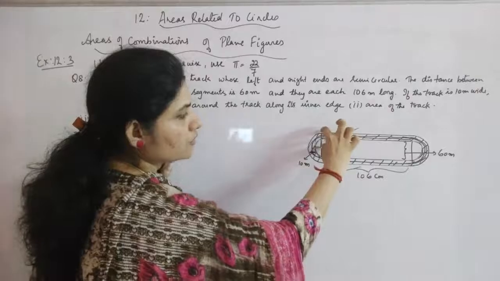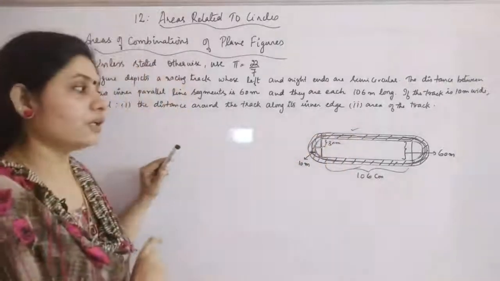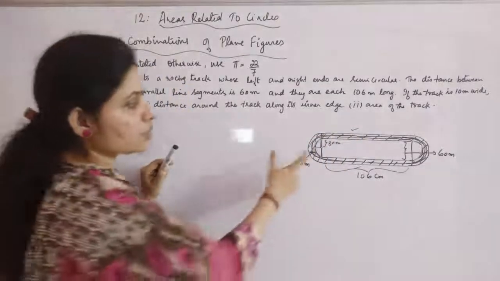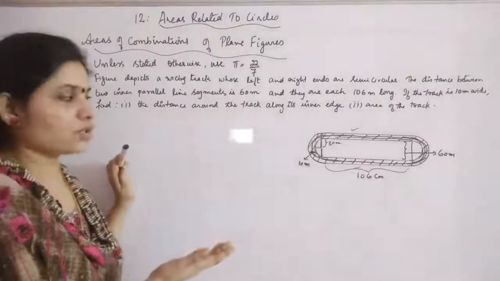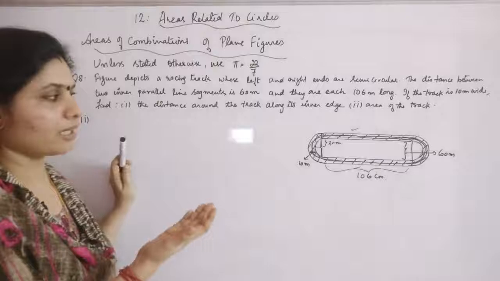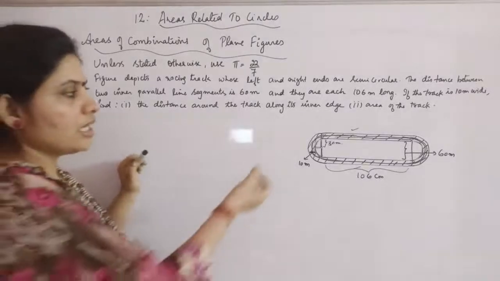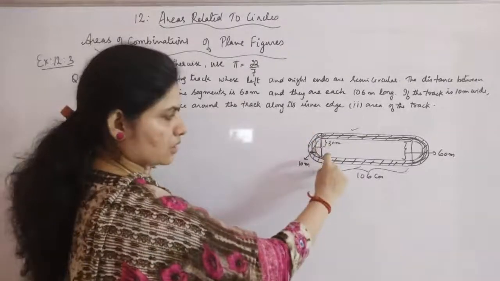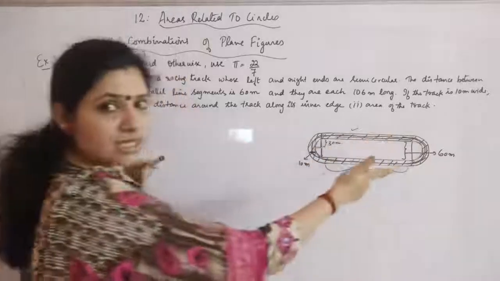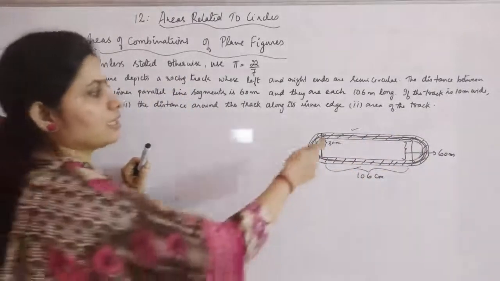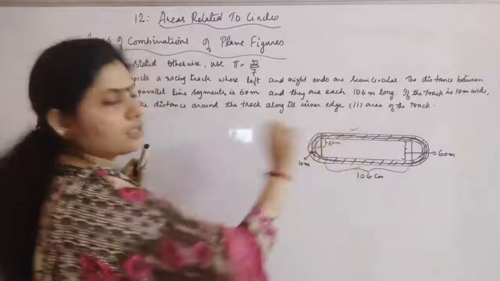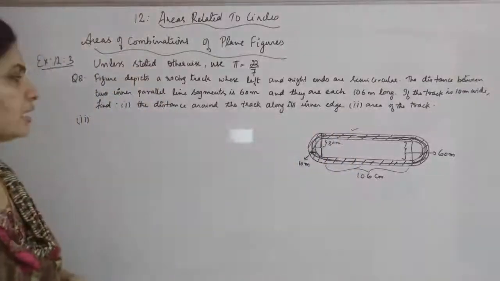So the radius of the bigger semicircle will be 40 and the radius of the smaller semicircle will be 30. So pi bigger r square minus pi smaller r square will give you the area of this semicircular region. And you have the same thing on both sides. So 2 times the semicircular region plus 2 times the area of the rectangular region will give you the area of the track.